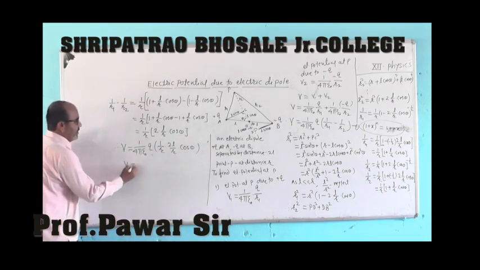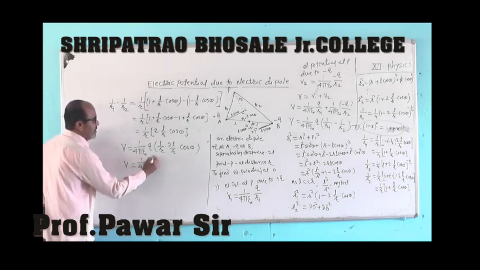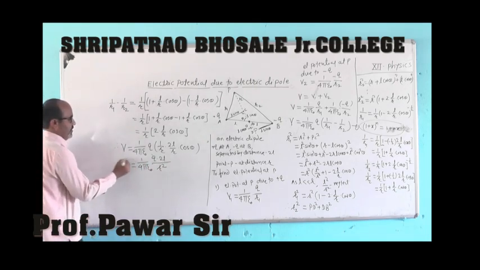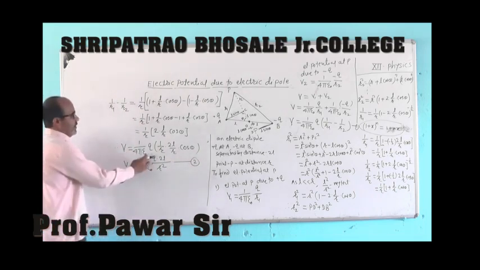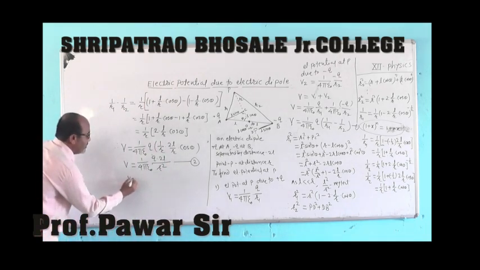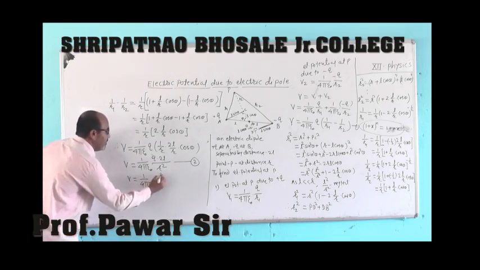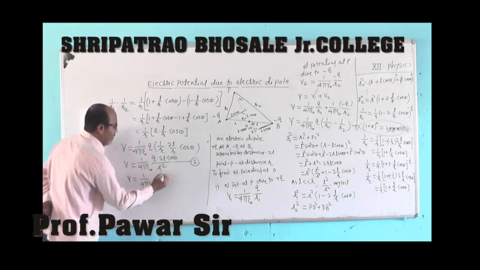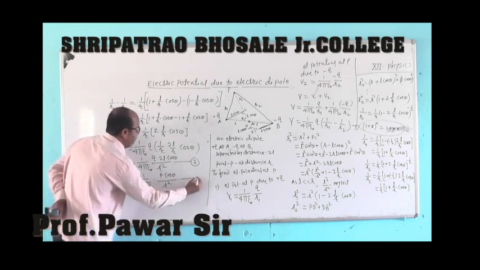So finally you will get it is equal to 1 divided by 4 pi epsilon 0 Q into 2L divided by R square. This is second equation. When Q into 2L is electric dipole moment, so we can write V is equal to 1 upon 4 pi epsilon 0 P cos theta divided by R square. This is equation third.